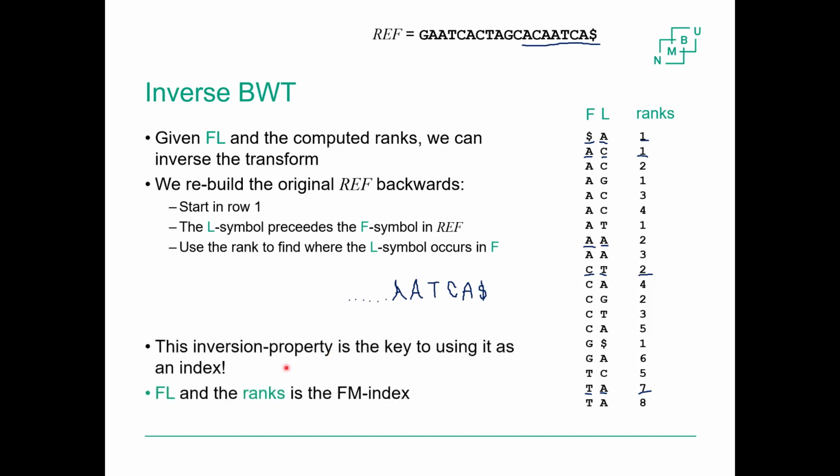So this inversion property is the key to using it as an index, really. So this FL, these two columns and the ranks, is what we call the FM index. This is actually the database in a sense, but there's a little bit more to it than this. Let's go on and see.